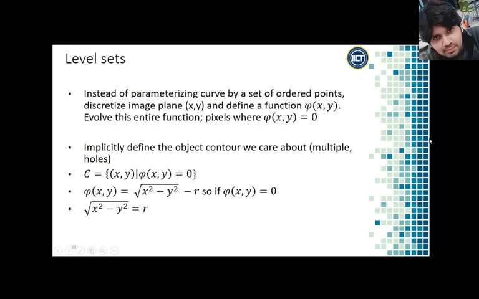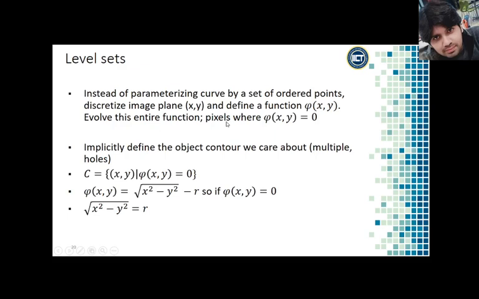Now another method which is very popular in this case is level sets. So instead of parameterizing the curve by a set of ordered points, discretize the image plane xy and define a function phi, and evolve this entire function, looking at pixels where phi is equal to 0.